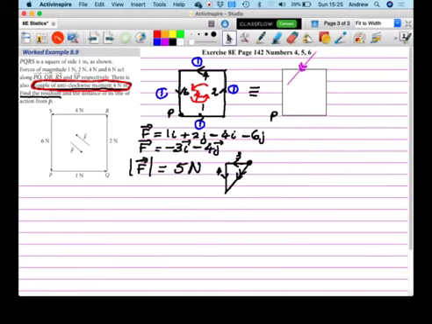So what I'm going to do now is throw the force up there. Now I'm going to take moments about P. And because I'm taking moments about P, I need the perpendicular distance from P to the line of action of this force.